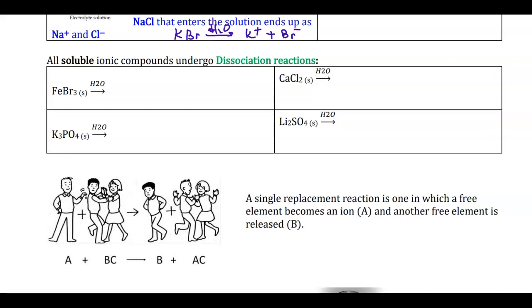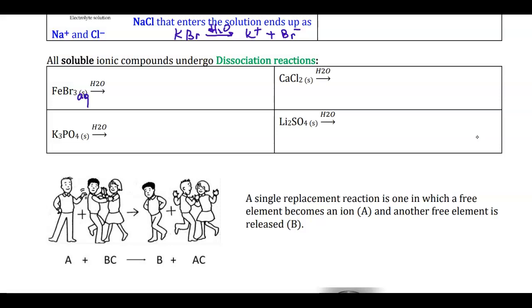Soluble ionic compounds undergo dissociation reactions when they are in a solution or when they are melted, right? So, for example, iron 3 bromide solid with water. In water, it will be aqueous, right?